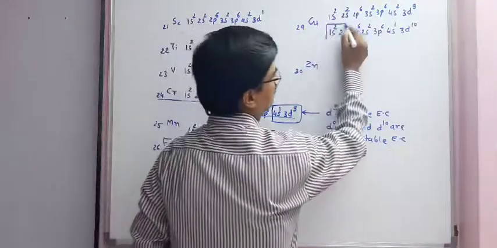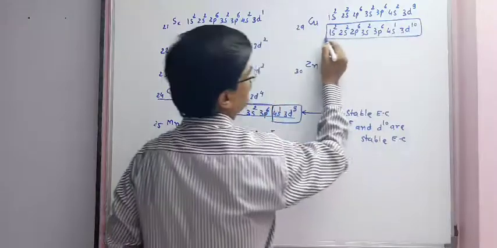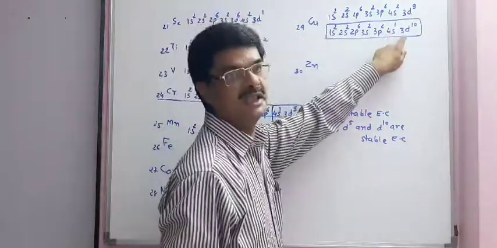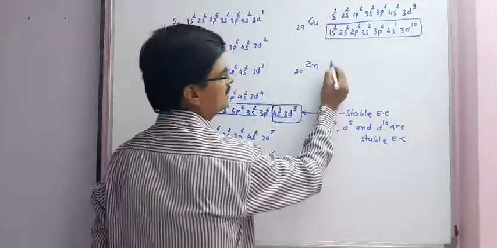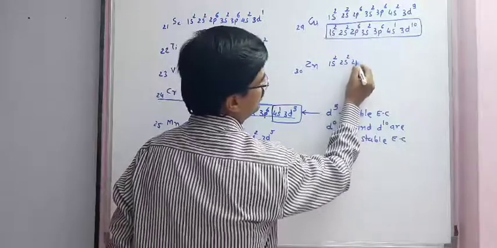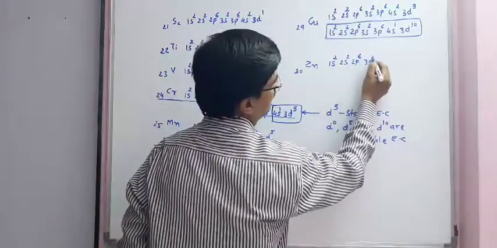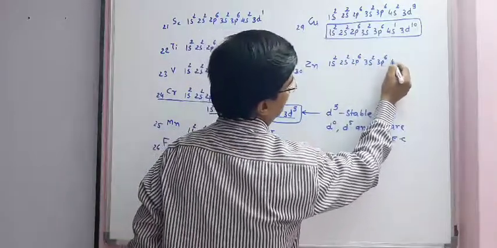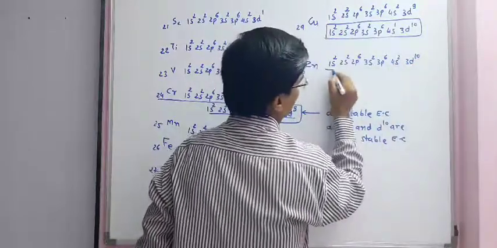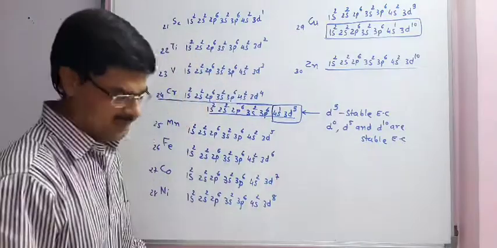That is why the actual electronic configuration of copper is an exception with 4s1, 3d10. Now zinc. Electronic configuration of zinc 1s2, 2s2, 2p6, 3s2, 3p6, 4s2 and 3d10. So this is the electronic configuration of zinc.